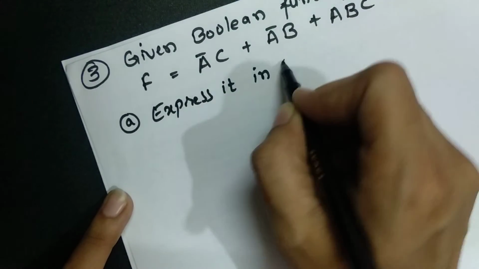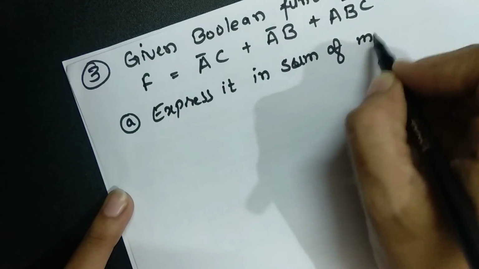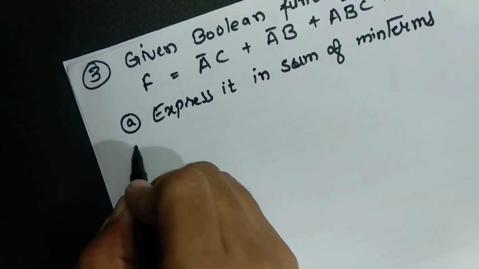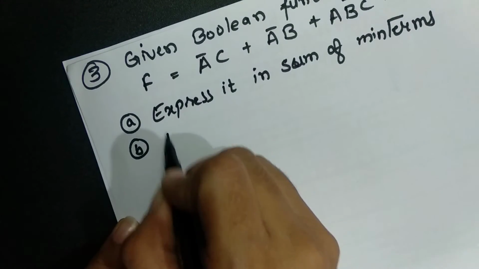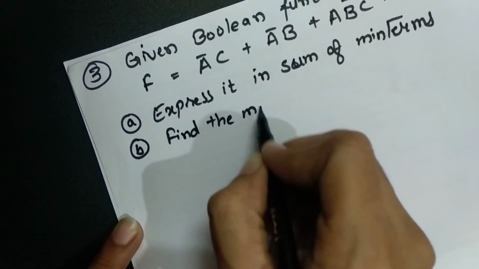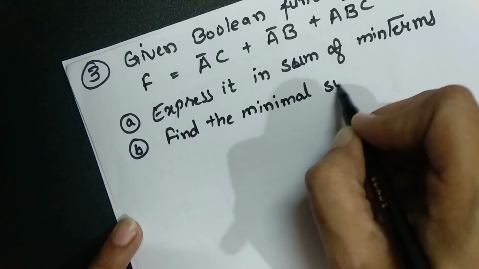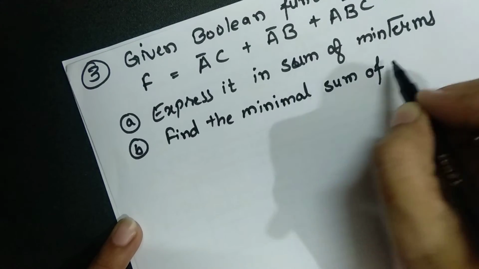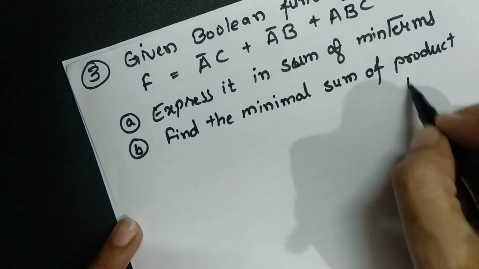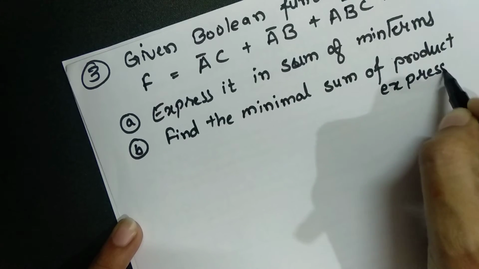Express it in sum of min terms. Second one is find the minimal sum of product expression.